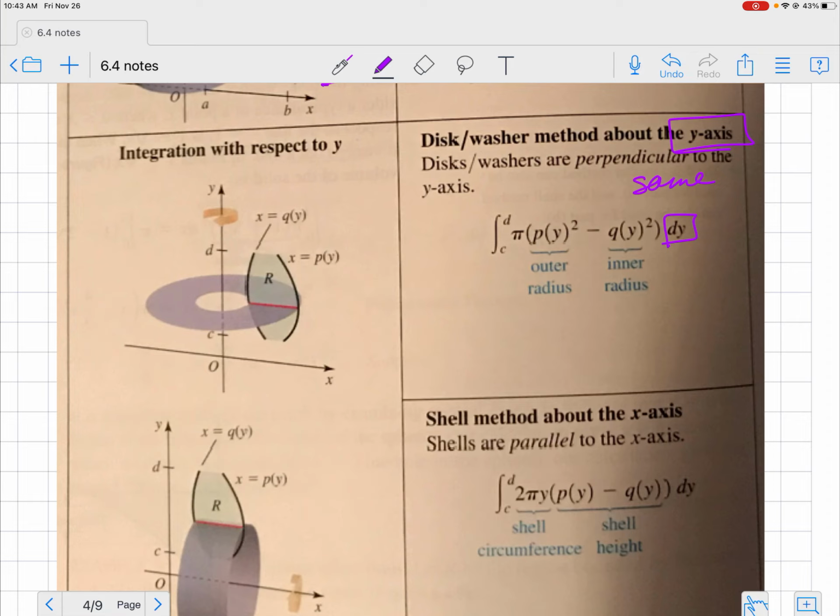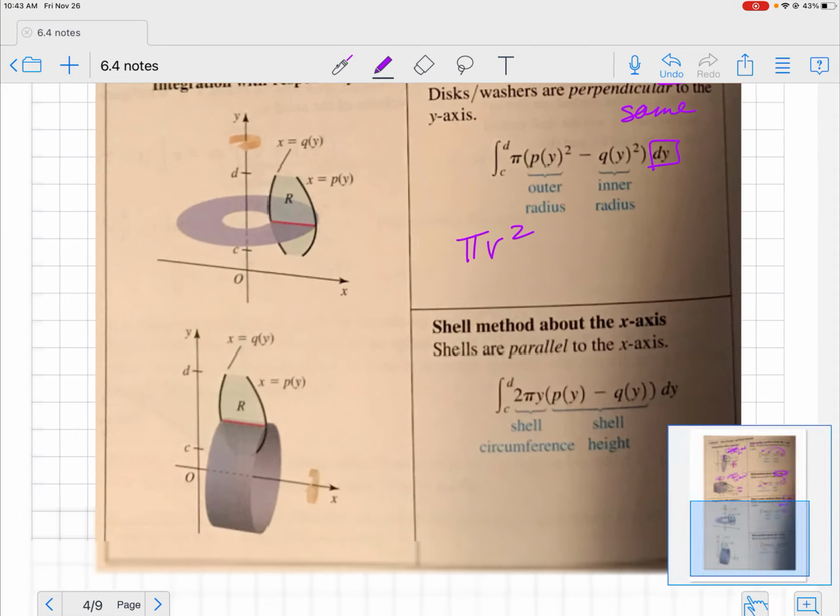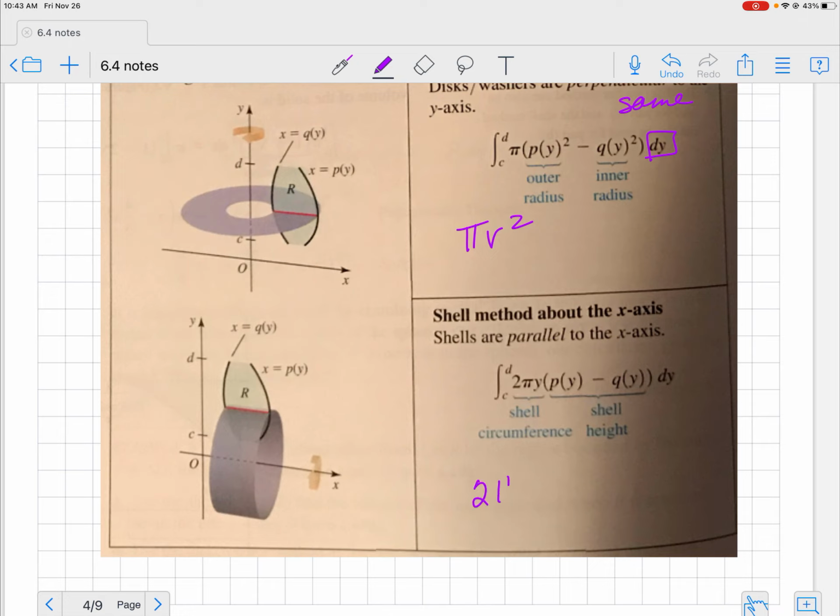Same concept applies. The disc washer method we know is pi r squared, because that's my circle, where my shell method is 2 pi r h every single time. So disc washer is pi r squared, and my shell method is 2 pi r h.